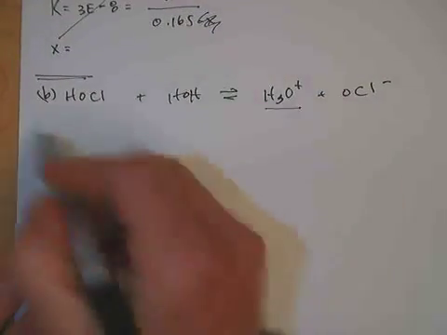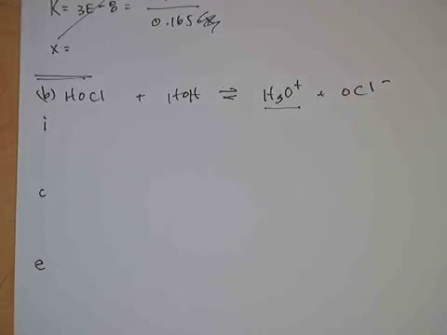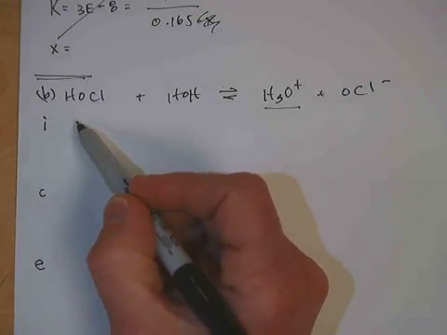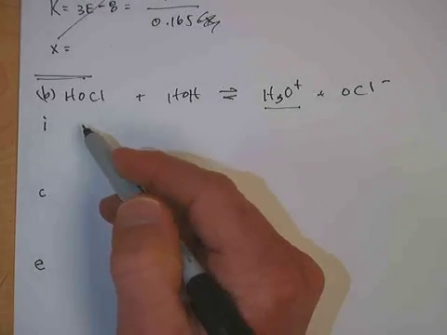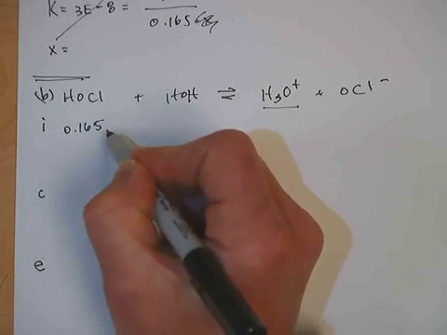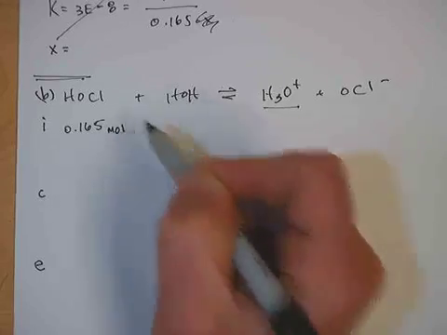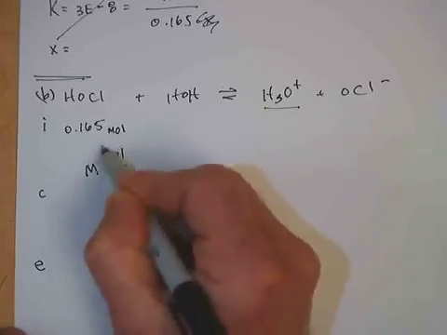And once again, the thing that I'll be interested in is the thing that'll get me into the pH square. And of course, to find out the pH here, I can use the H+ ion concentration, which is right here. ICE table that guy, but I'm going to leave a lot of room here because I'm going to have some converting to do. And so in this case, I'm told that I have an HOCl solution that is in 1 liter, and I have a 0.165 molar solution, or 0.165 moles of it.